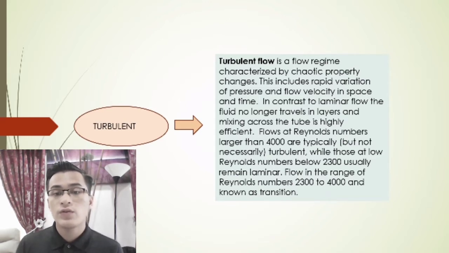Flow in the range of Reynolds numbers between 2,300 and 4,000 is known as a transition. So we can conclude that laminar flow has a low velocity, meanwhile turbulent flow has a high velocity.